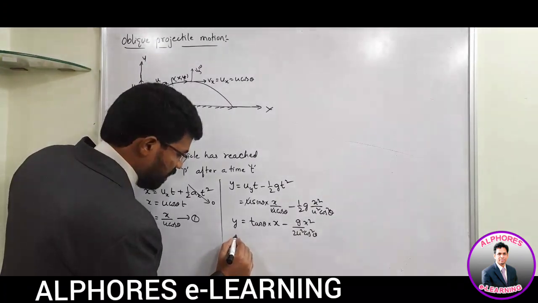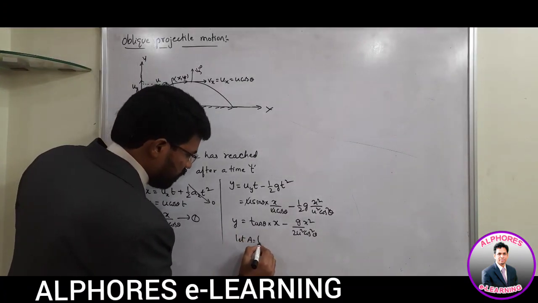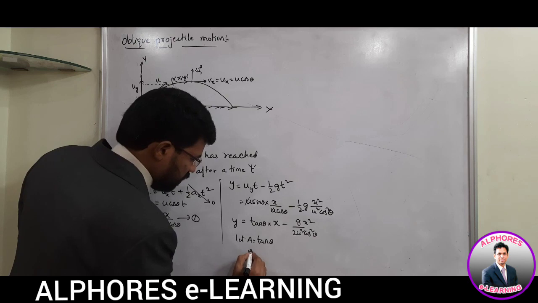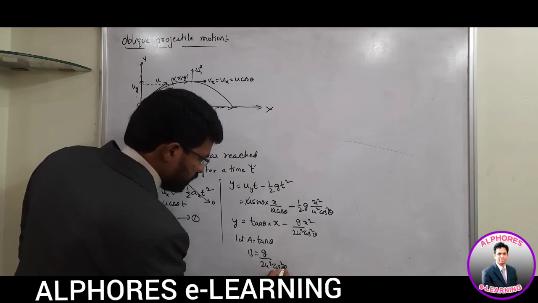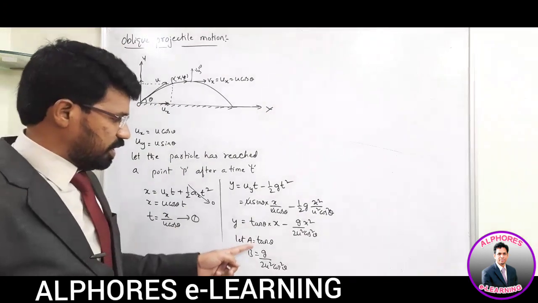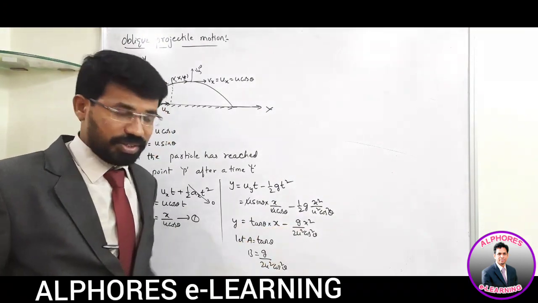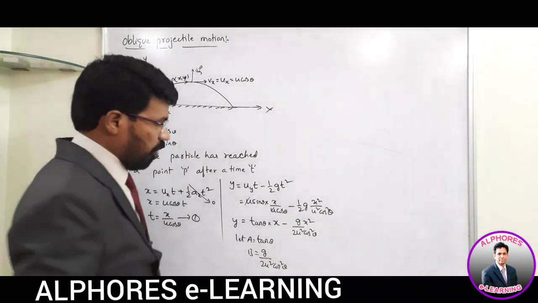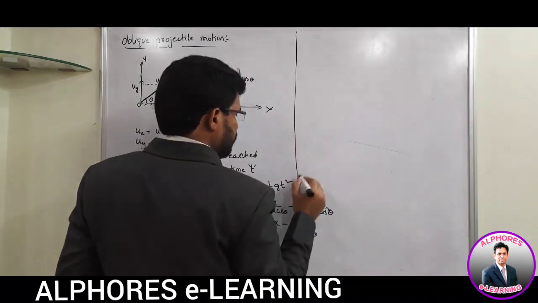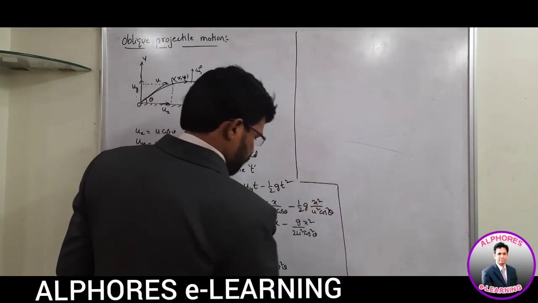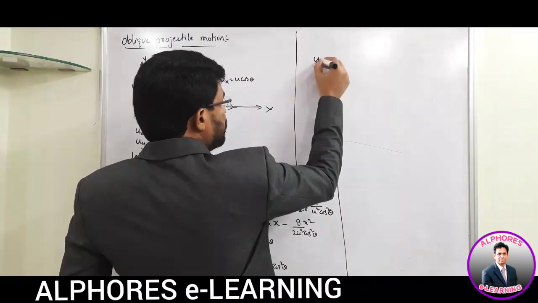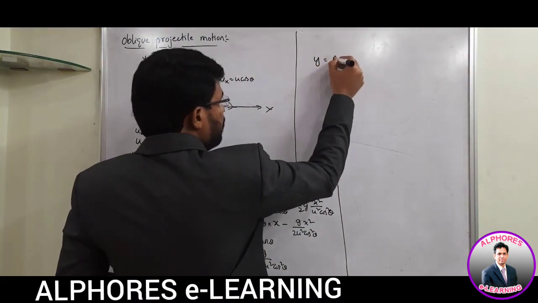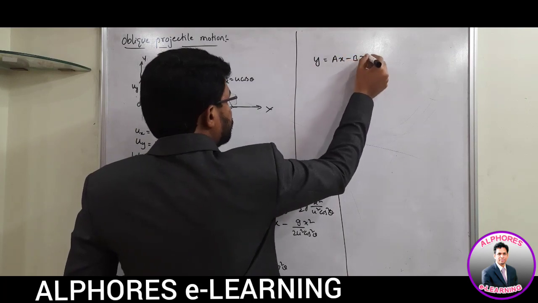Let a be equal to tan theta and b be equal to g by 2u square cos square theta. So this equation for vertical displacement gets modified like this: y is equal to ax minus bx square.